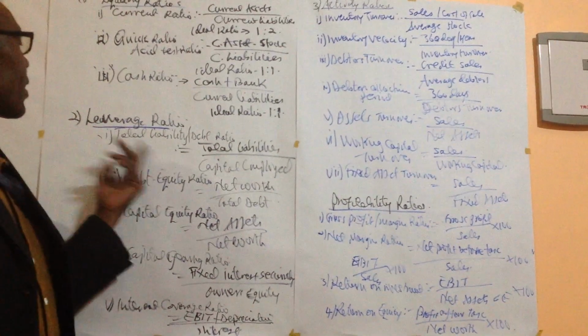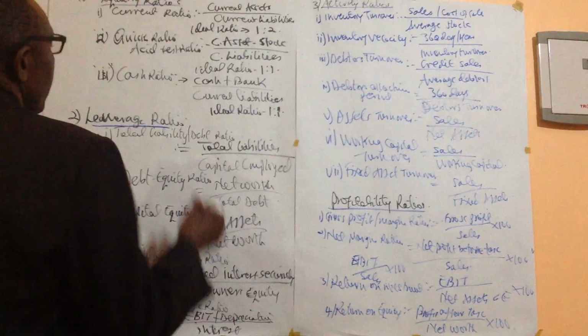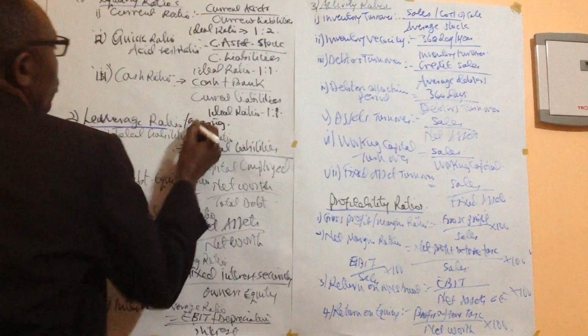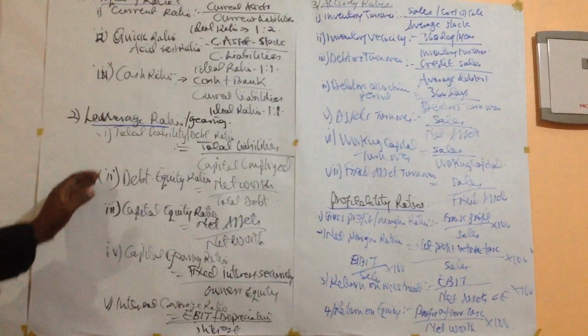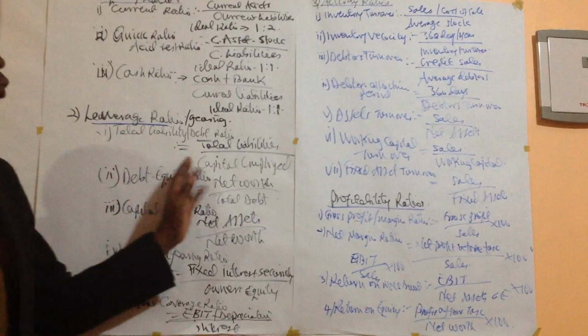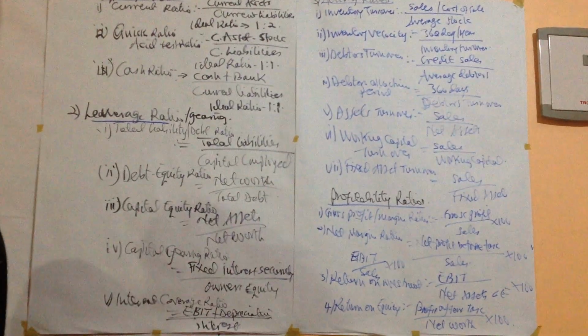Leverage is referred to as the gearing ratio. We are assessing how we have geared, or financed, our activities: whether we depend so much on loans from outside, or more on our own resources generated through capital and retained earnings.